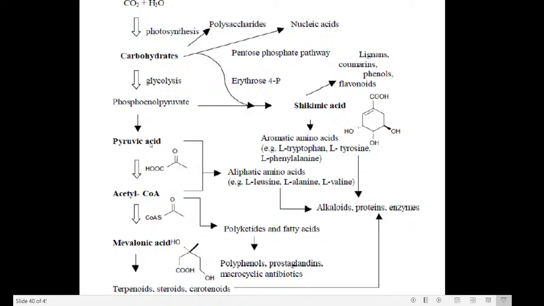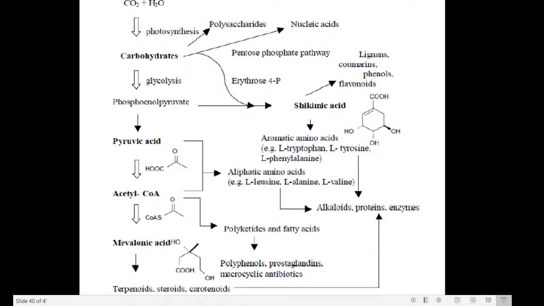And one more thing, using the pyruvic acid and acetyl CoA, alpha amino acids and aliphatic amino acids are produced. These aliphatic amino acids include alanine and valine. These produce alkaloids, proteins, and enzymes. The aromatic amino acids, tryptophan, tyrosine, and phenylalanine, are also helpful for the production of alkaloids, proteins, and enzymes.